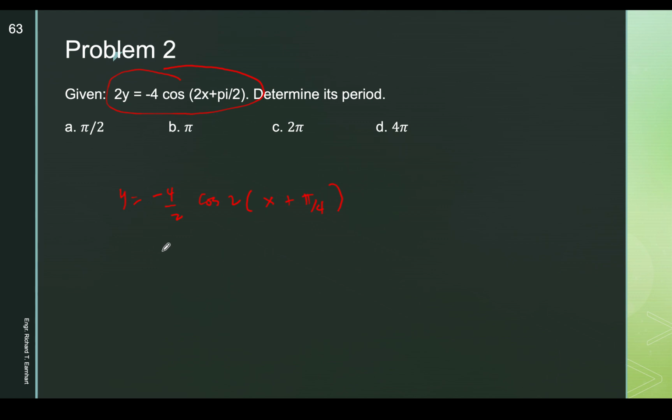Okay, whereas for the period, the period is equal to 2 pi over b. Okay, your b here is 2. So the period is 2 pi over b. So 2 pi over 2. So the period is pi.